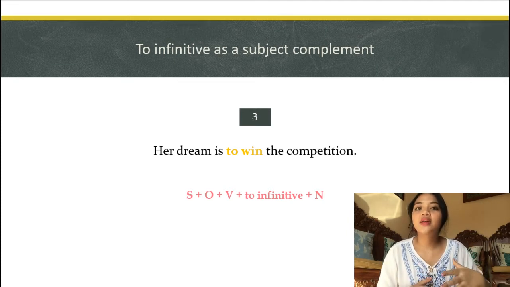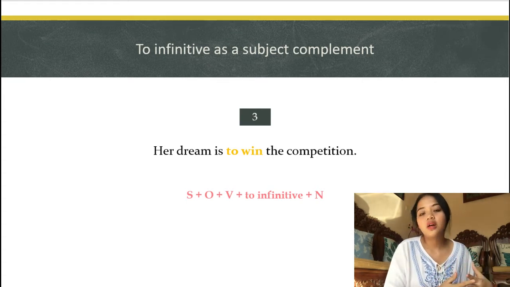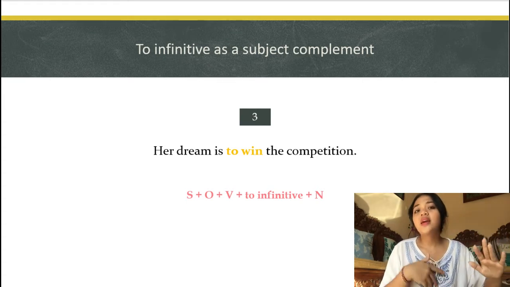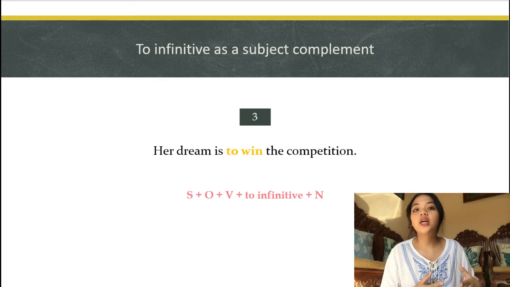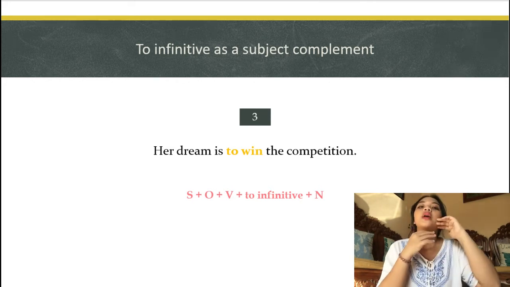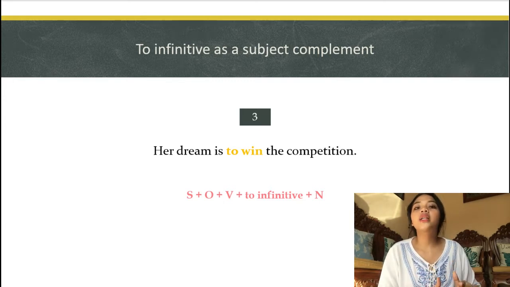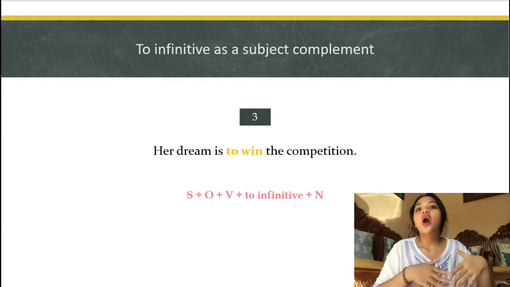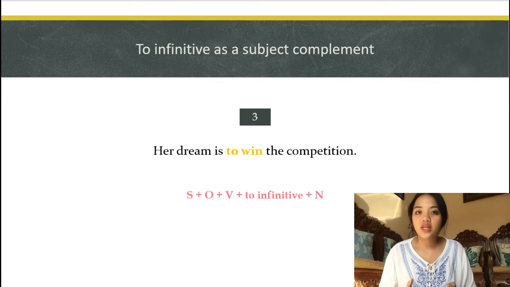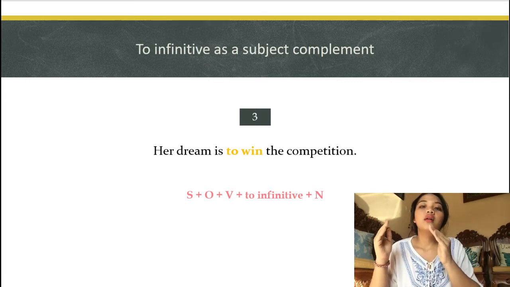Subject complement is a noun, pronoun, or adjective that modifies the subject, so it gives more information about the subject in a sentence. From the infinitive to win in the sentence, we can know what her dream is. So, her dream is to win the competition.